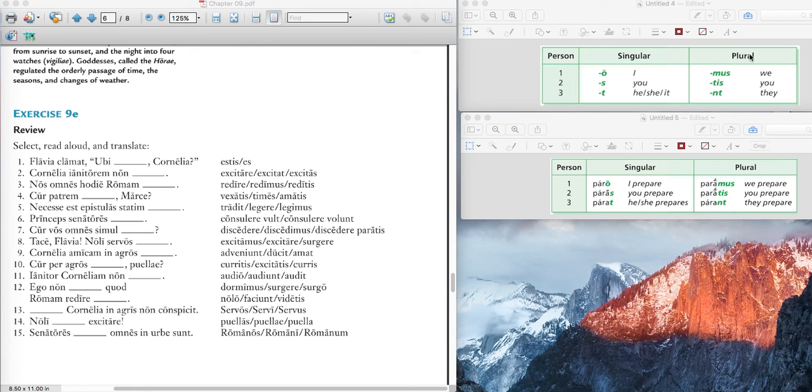So we're looking for something that has this ending here. And we look back over here and we see discedimus, that's we. Mus equals we. But paratis is you all are preparing to leave, to depart. So why are you all preparing to leave? So that's the correct one there.